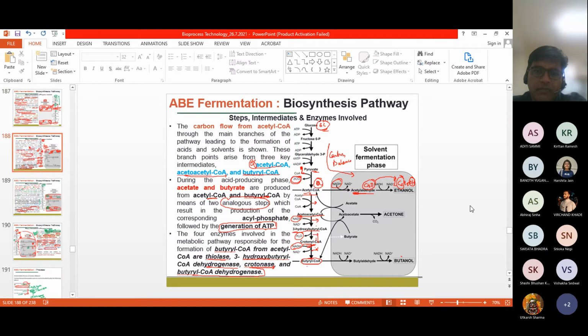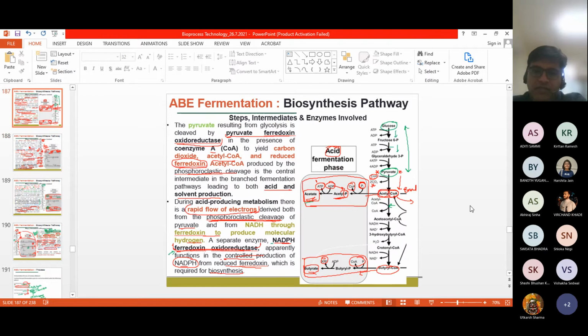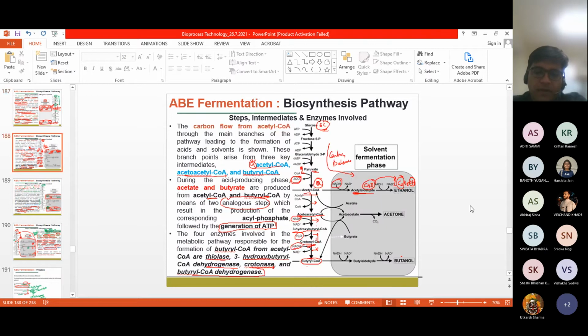So depending upon which enzymes you use, or if you maintain the reducing environment, you can tune your fermentation process to go for the production of acetone, ethanol or butanol.